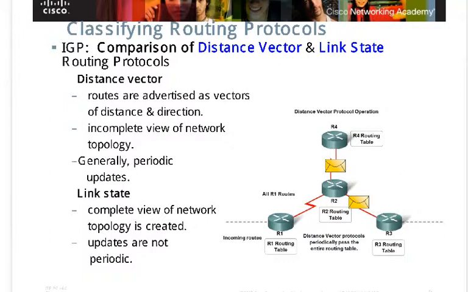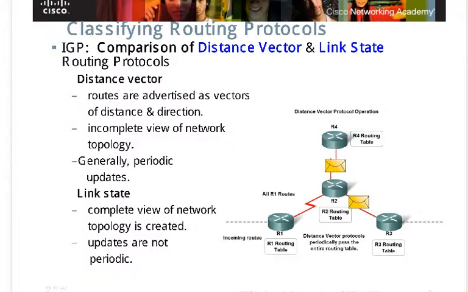Okay? In the link state case, I do not have a routing table that contains distances and direction. I don't have that. I have a link state table. So I have a big table with all the links in the autonomous system and the state of each link. Based on this link state table, I will calculate the end-to-end path.